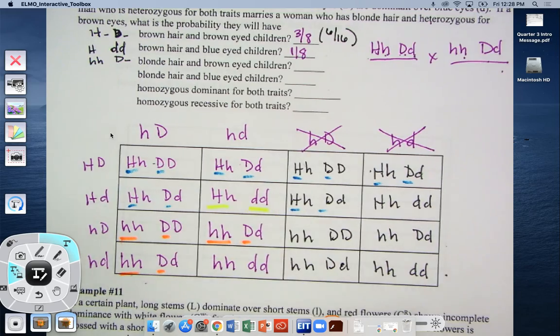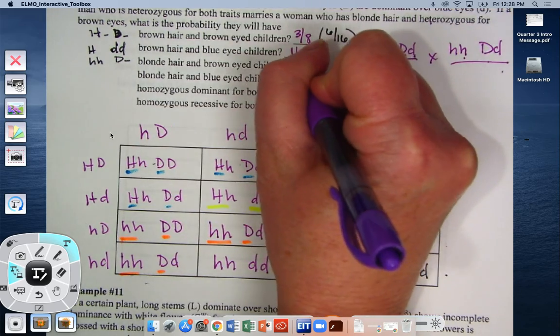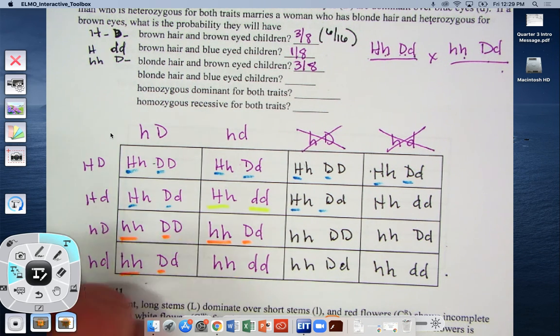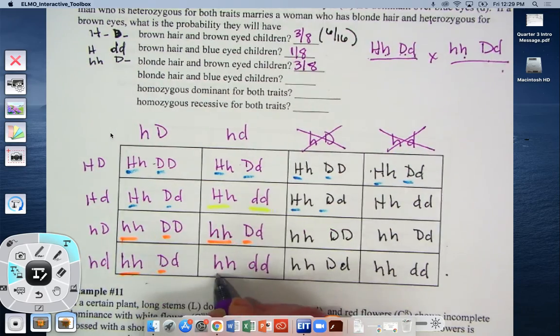Blonde hair and capital. So what was that? 3/8. And then blonde hair, blue eyes. 1/8, right? Just this one.